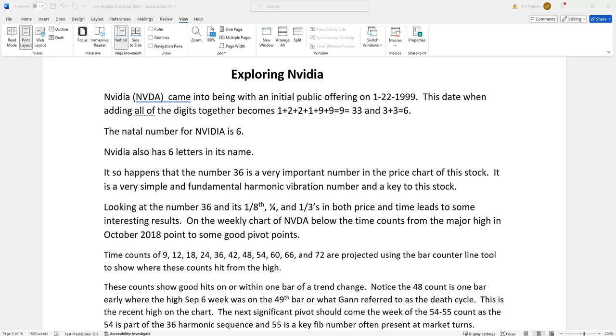So I'm going to take that 36, take the eighths, quarters, thirds, basically the octave ratios of that, and use these time counts of, say, 9, 12, 18, 24, 36, 42, 48, 54, 60, 66, 72, and use those to show some significant areas and time counts that hit significant pivots. I'm going to do this all on a weekly chart.